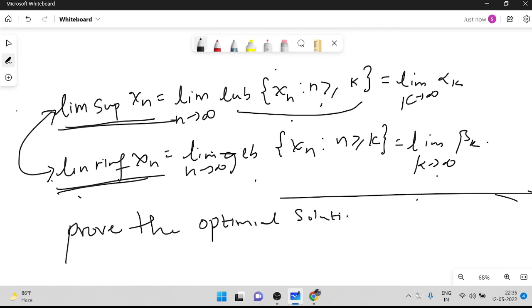Say you have a robot and you want to track some trajectories, so you get some sequences. You may not exactly get a convergence, but you get some approximations by these lim inf and lim sup concepts. Tomorrow I'll be giving more examples.